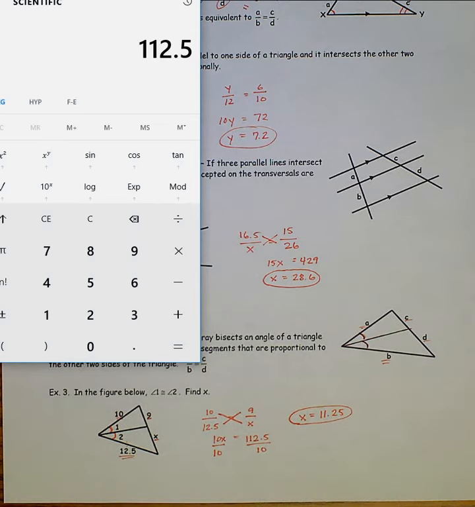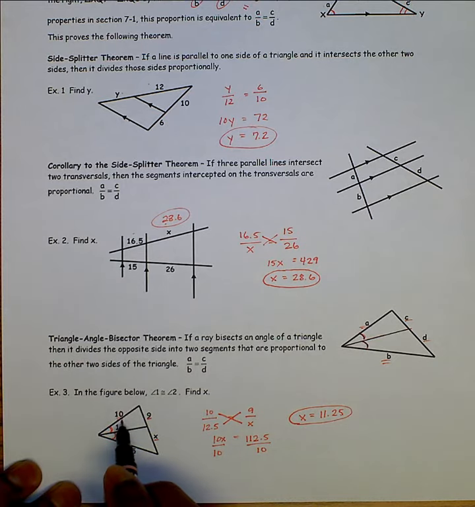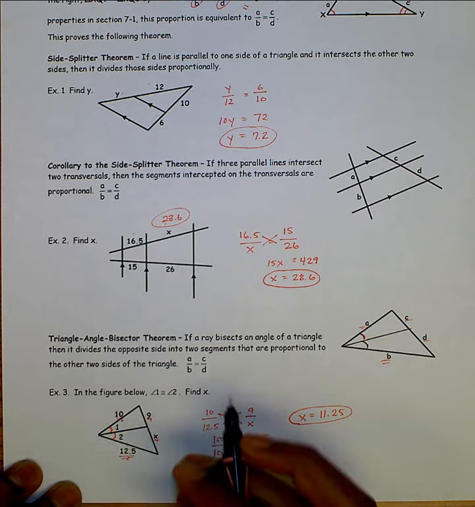And we should always make a common sense check just to make sure the answer makes sense to us. Notice that here 12.5 is larger than 10. I should reject any answer where x is smaller than 9. If it cuts it in the same proportion, then I should know that this side will be larger than this side. X will be larger than 9.